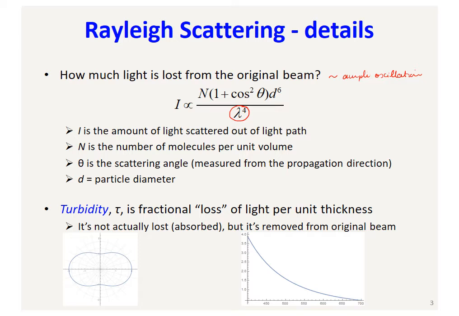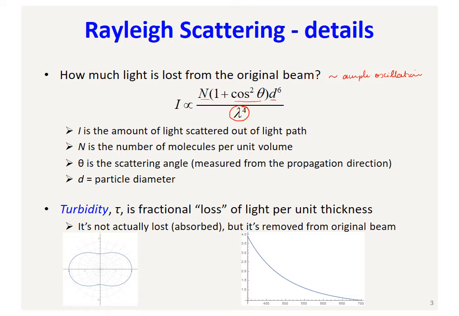The amount of light lost from the original beam is, as you'd expect, related to the density of the molecules and also to the size of the particles as well. Interestingly, it's also related to the angle.